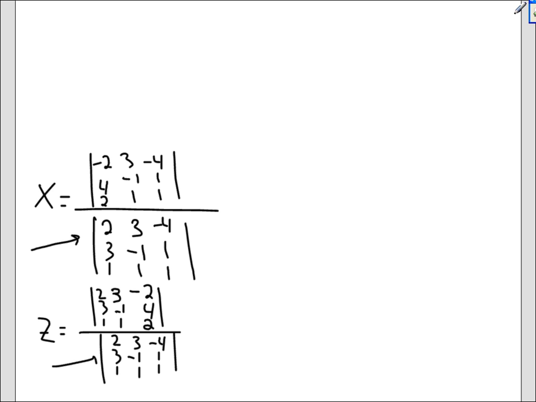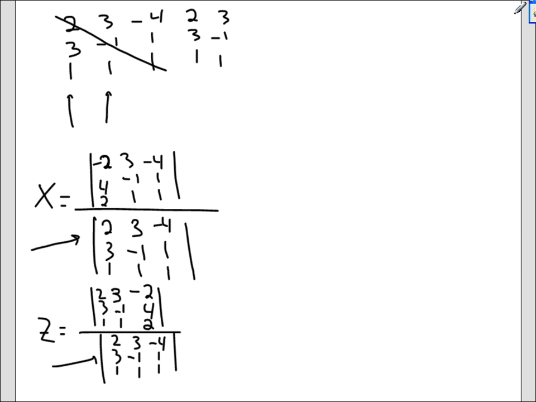They're always the same. 2, 3, 1. 3, negative 1, 1. Negative 4, 1, 1. And you repeat the first two columns. You repeat this column and then that column. 3, negative 1, 1. Then you play tic-tac-toe.